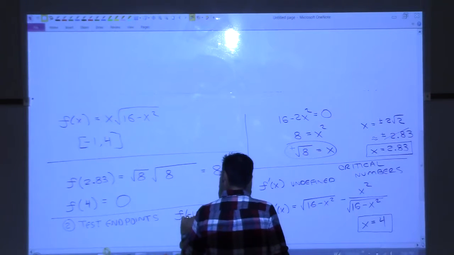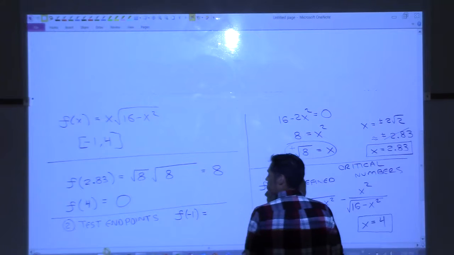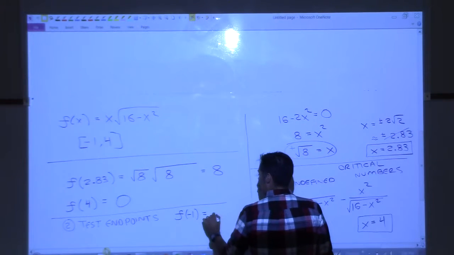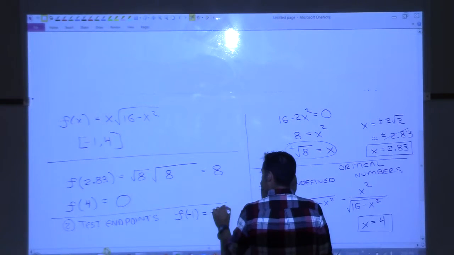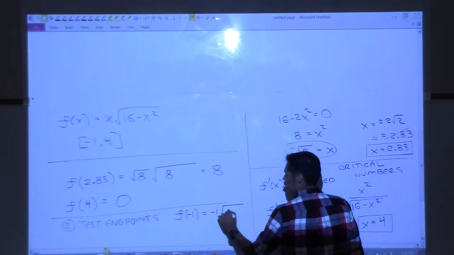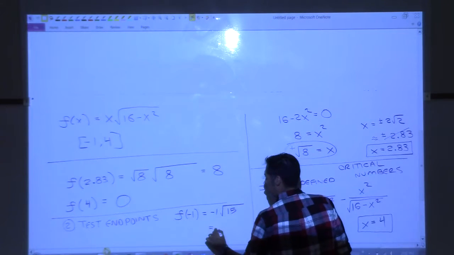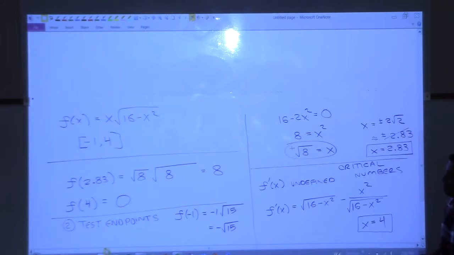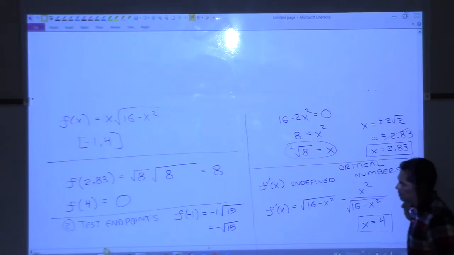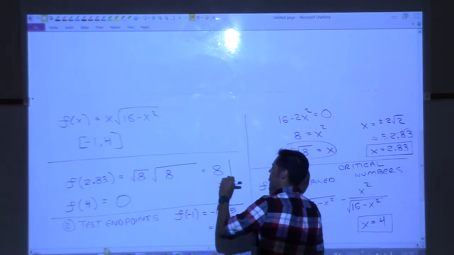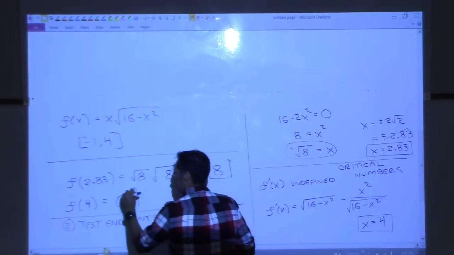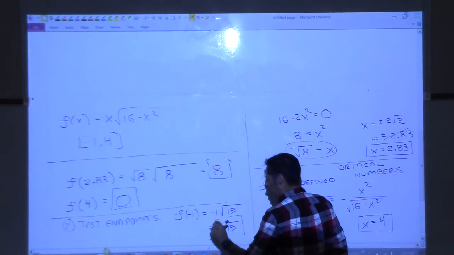So f of -1 would be -1 times square root of 15. So negative root 15. And of our 3, now how many answers do we have? We have 3 answers, don't we? We have this one, we have 8, we have 0, and we have this one right here.